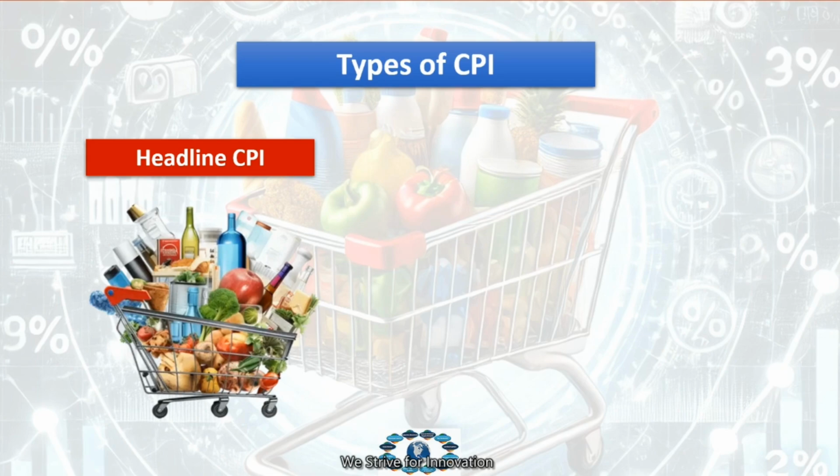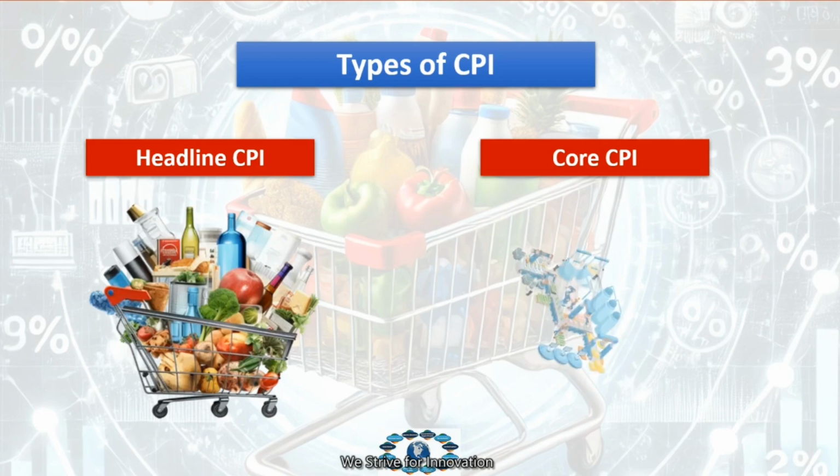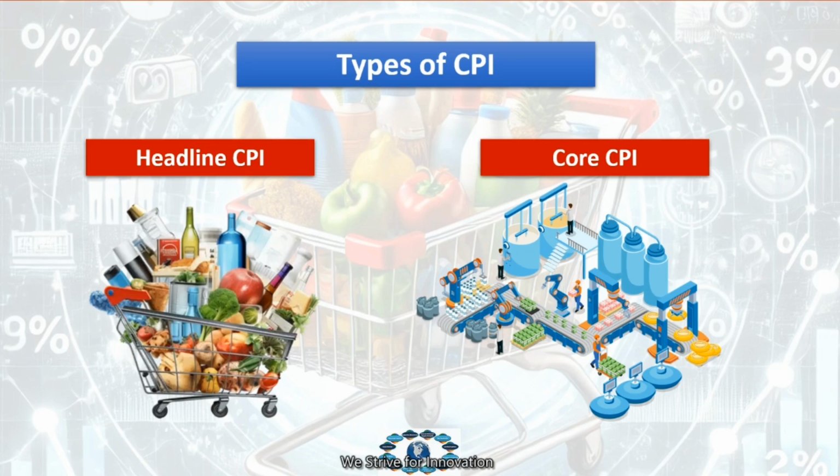And the other type we call the core CPI, which tracks all the previous one, except it does not include food and energy. It strips out food and energy from the calculation.